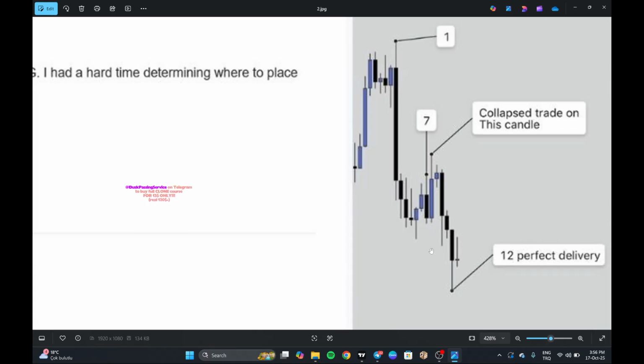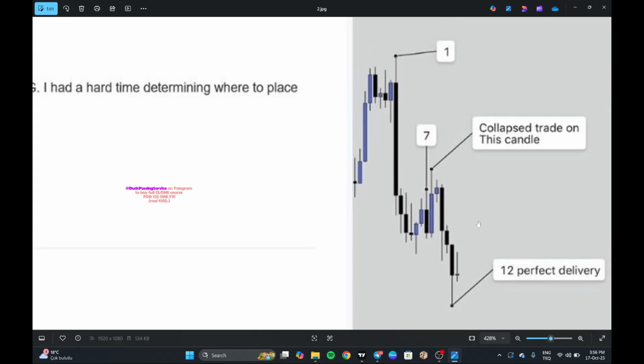If you don't use lower time frames, this is a 4-hour chart. Let's say you took a short here, only based on the 4-hour chart. I think your stop loss at least should be above the 50% equilibrium of the FVG.